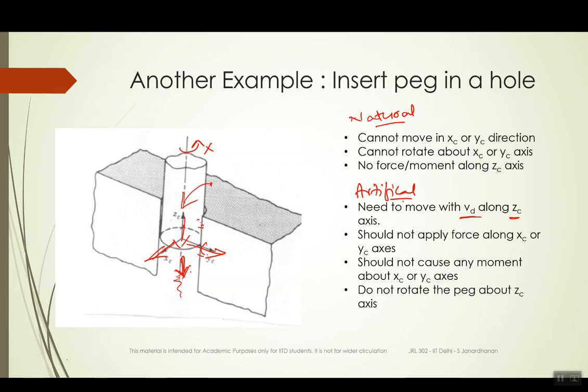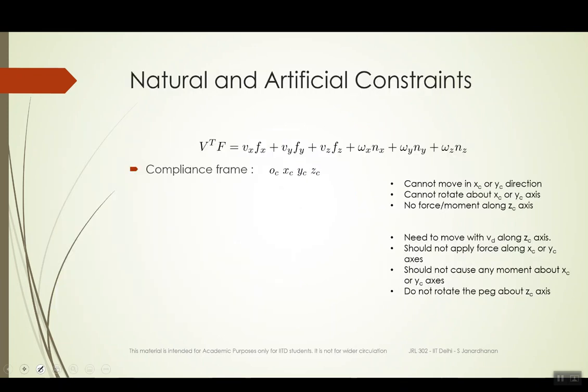So if you write it in terms of the constraints, let's take the dot product v dot f and see what happens. You have the compliance frame as oc xc yc zc, and you have the constraint that you cannot move in the xc or yc direction, you cannot rotate about the xc or yc axis, and there is no force along the zc axis.